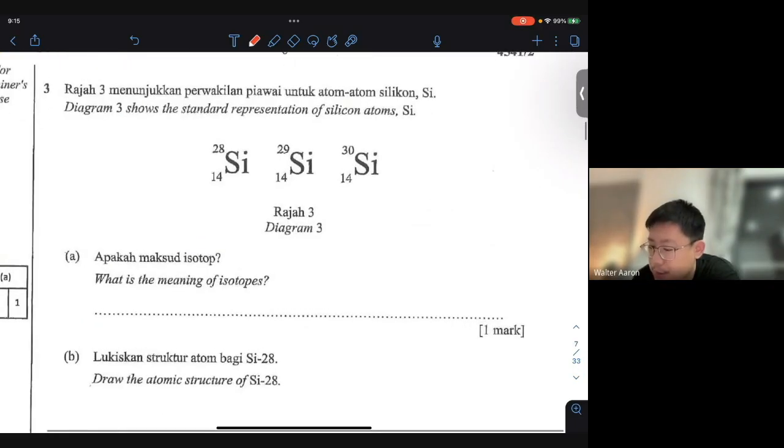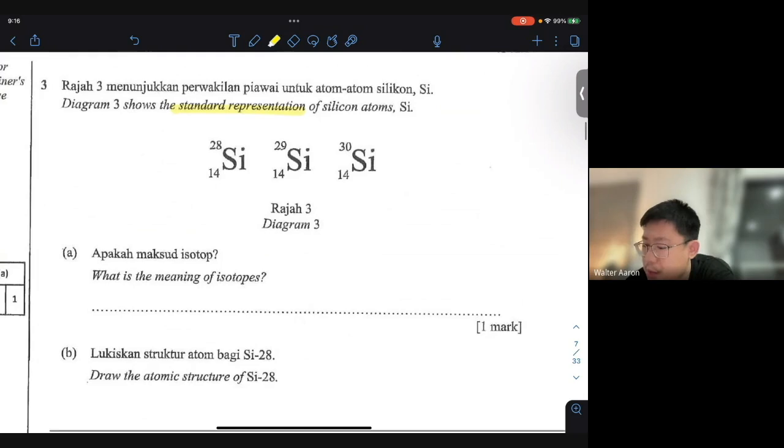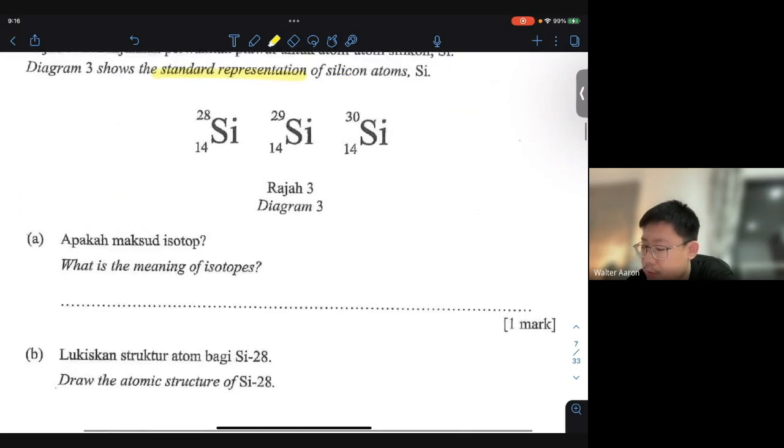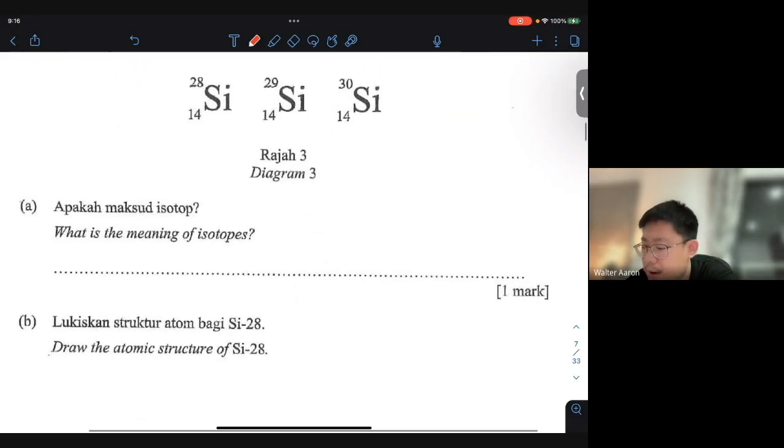Let's take a look at number 3. The diagram shows the standard representation of silicon: 28, 29, 30, all with 14, 14, 14. So the top one will be the nucleon number, the bottom one will be the proton number. What's the meaning of isotopes?